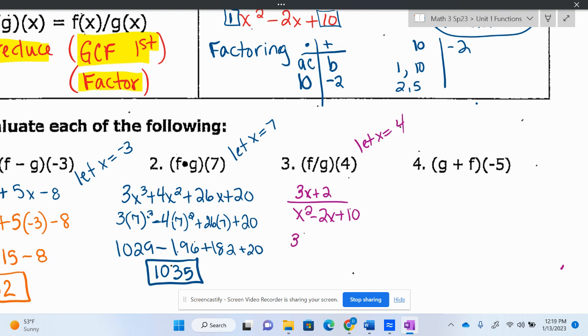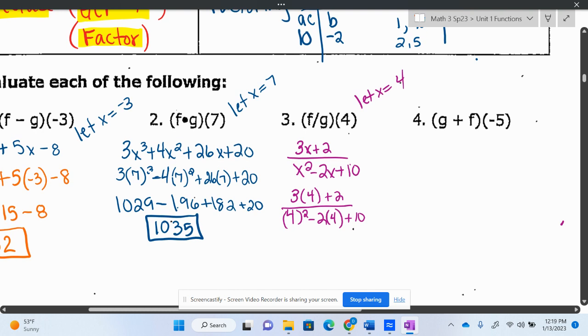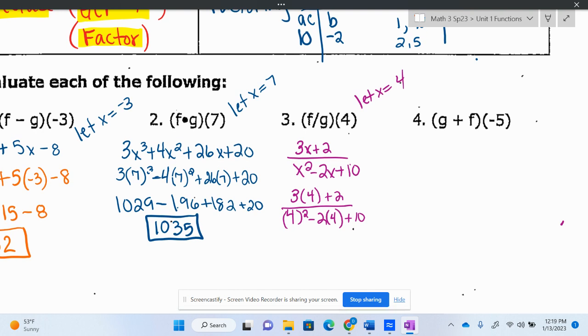So in the numerator, I have 3 times 4 plus 2. And in the denominator, I have 4 squared minus 2 times 4 plus 10. I'm going to have to write skinny, skinny for this one. Let's see, what's 3 times 4? 12 plus 2 is 14.